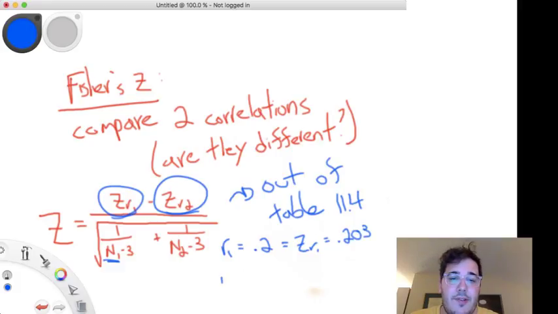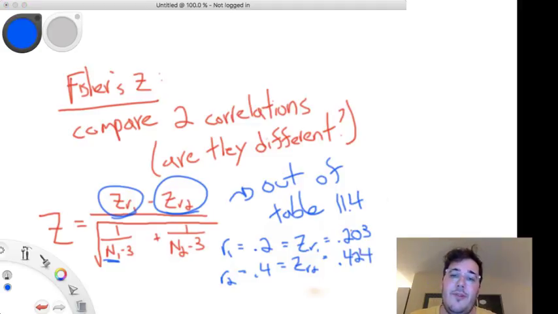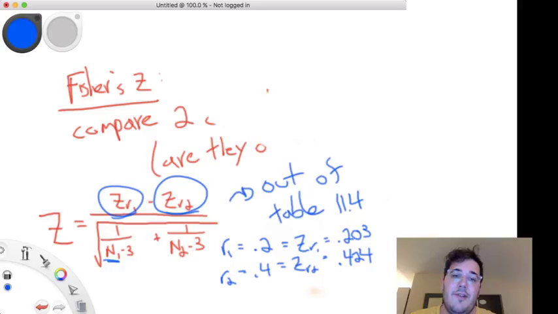Let's say R2 equals 0.4. I'm just looking out of the book here. 0.4 equals a Z of 0.424. So those are the numbers you would use in your calculation of Fisher's Z.